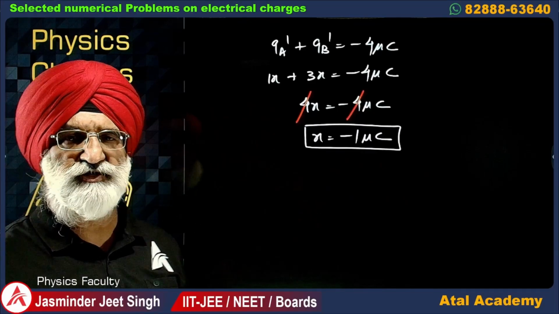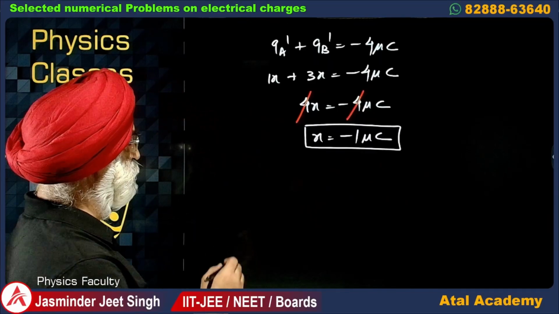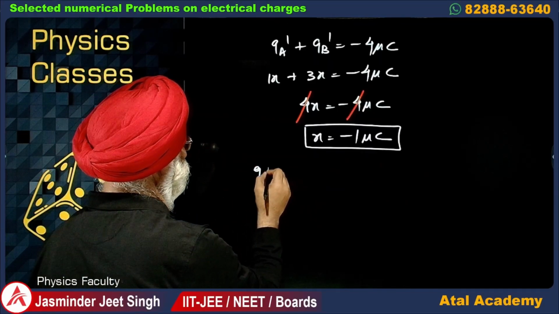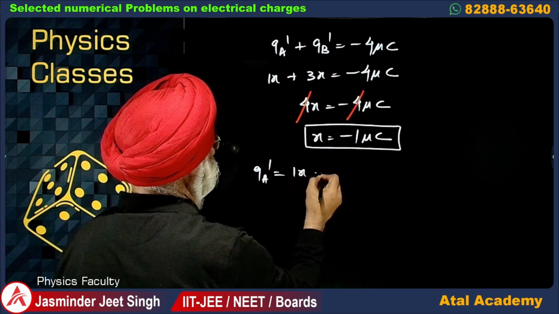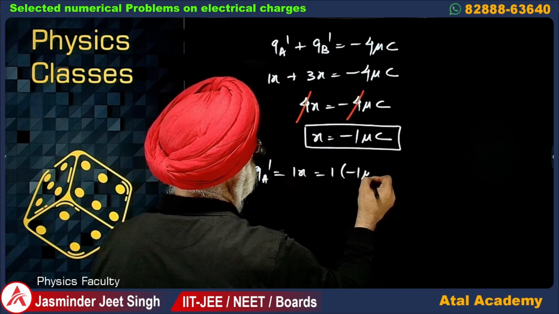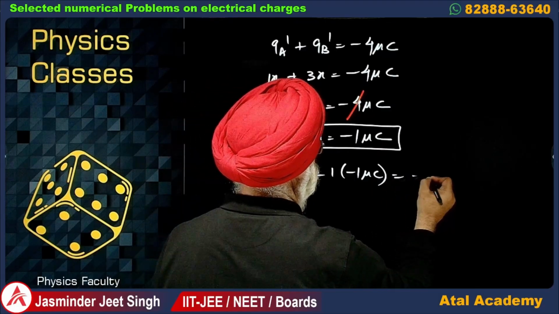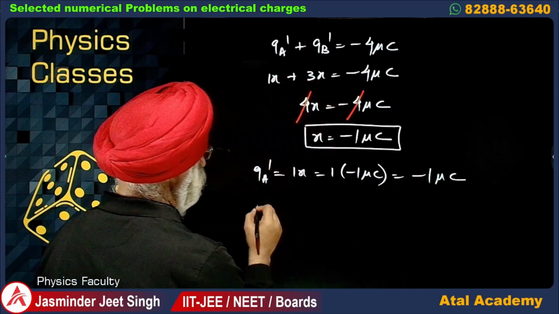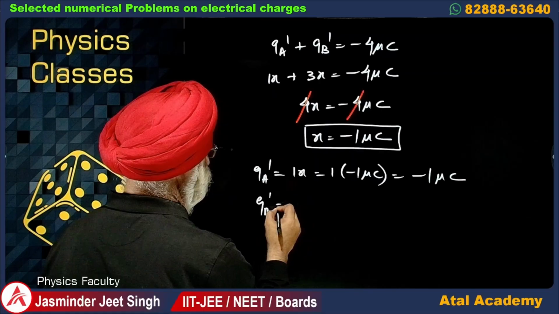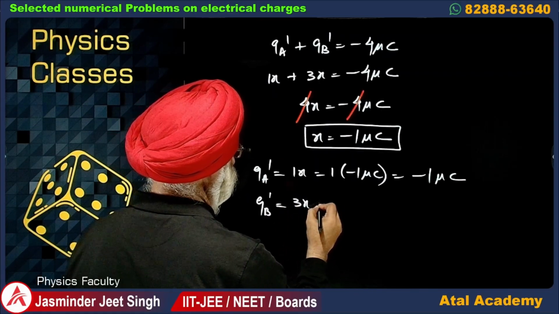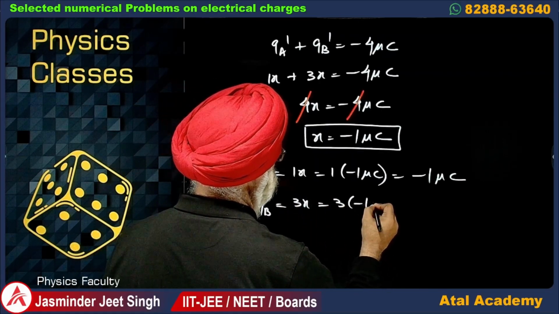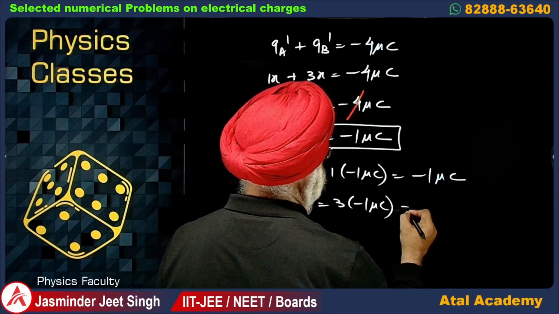Once you know the value of x, we can find the final charge on conductor A. QA dash is 1x. It will be 1 into minus 1 microcoulomb, that is minus 1 microcoulomb. And QB dash is 3x, 3 into minus 1 microcoulomb, it will be minus 3 microcoulomb.